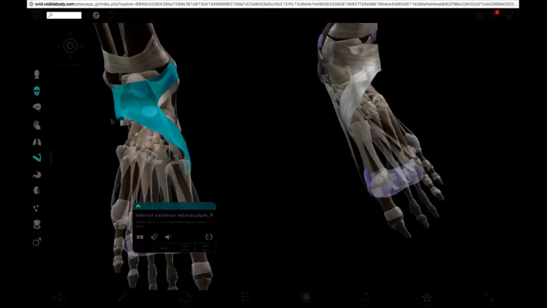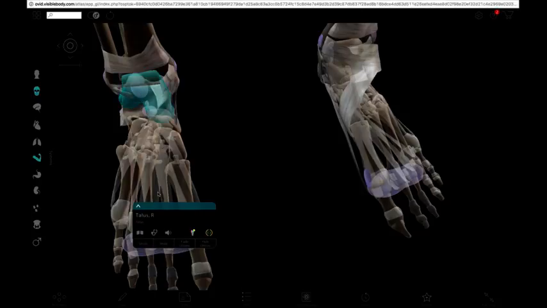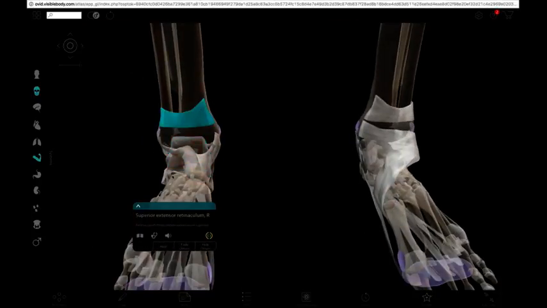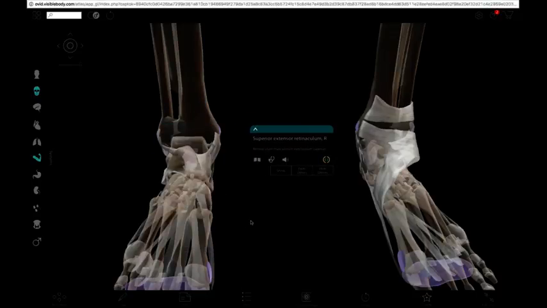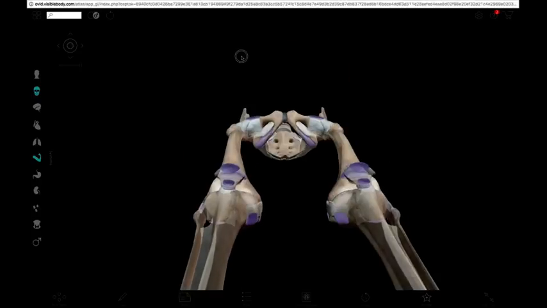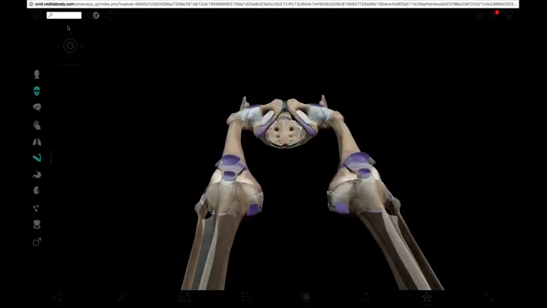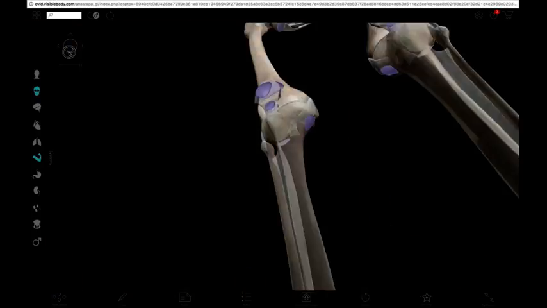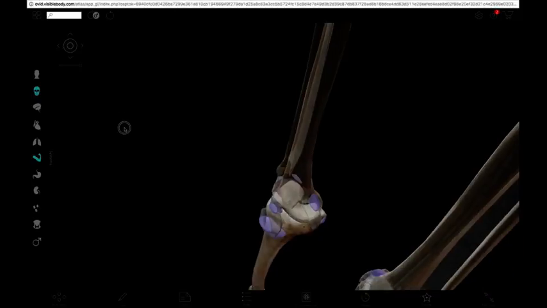So again, if we remove some of the material that we're seeing here, there's our talus. See if we can flip this guy up just a little bit. We'll get a better view on that foot. There we go.